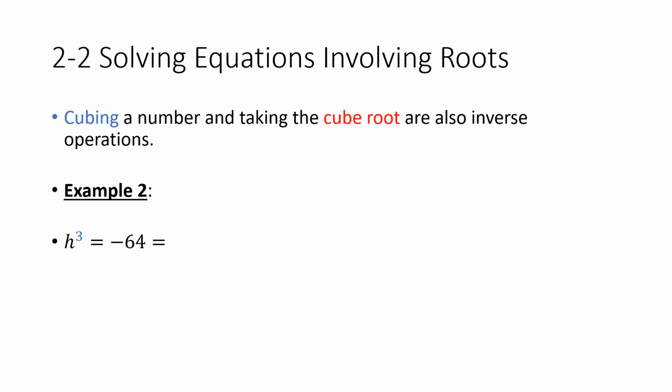Let's move on. Just like the square of something, the second power, is the inverse of square root, cubing something to the third power is the inverse of your cube root. Your cube root looks like your square root, except it has that little 3 in front.